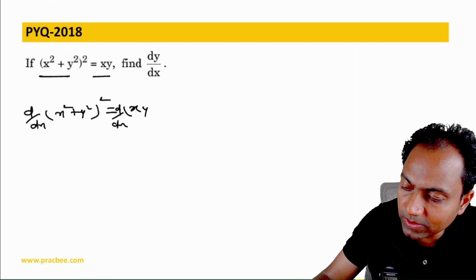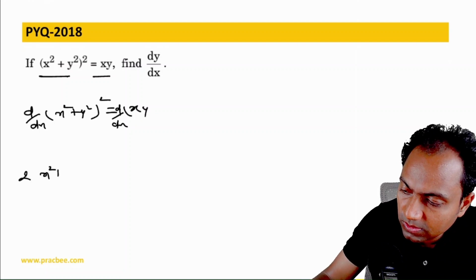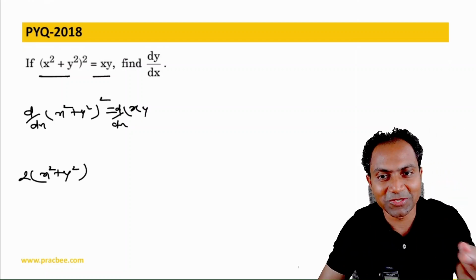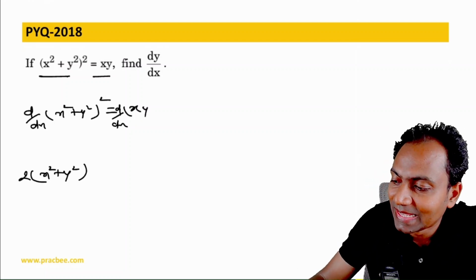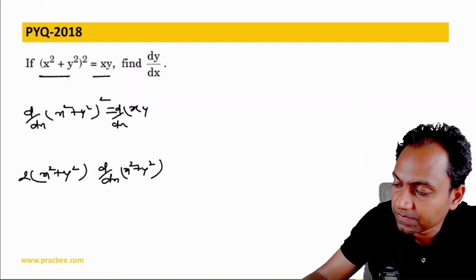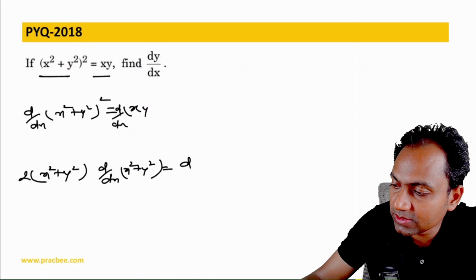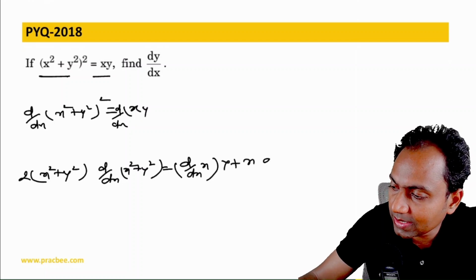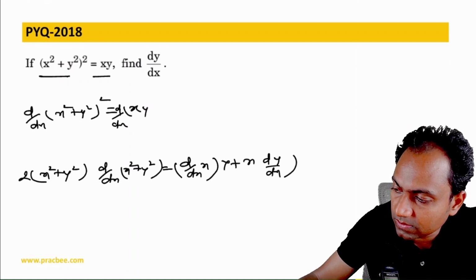Again, you will have to apply chain rule. So 2 times x² y². We are treating it like x², so the differentiation of x² is nothing but 2x. So we have written that. And then we'll have to differentiate x² plus y². And the right hand side can be written as d/dx of x into y, plus x into dy/dx.